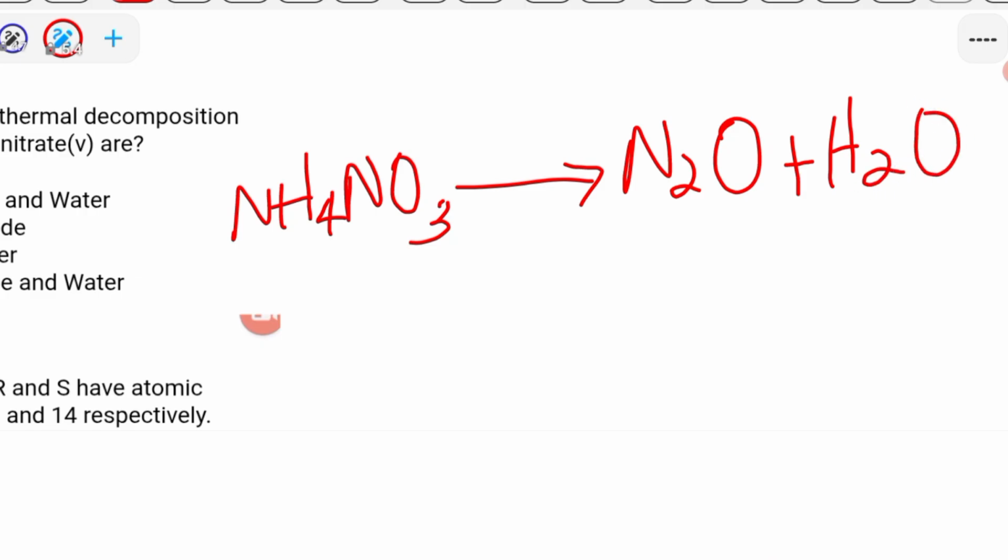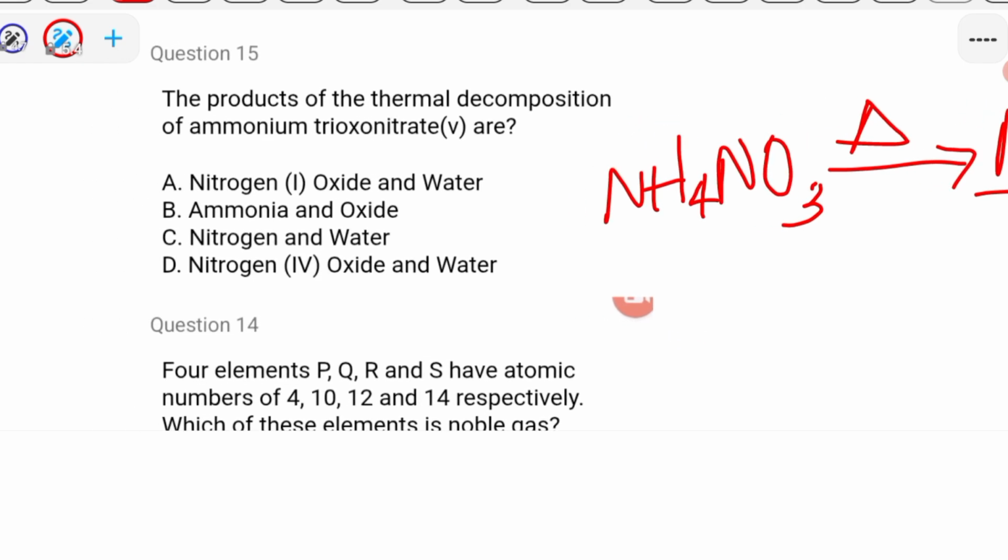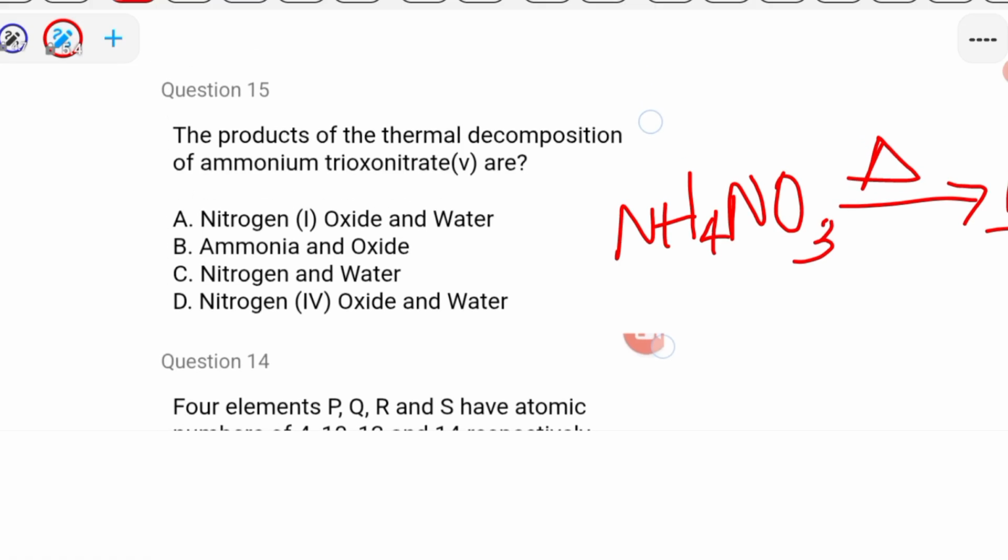So this is the product of the thermal decomposition of ammonium nitrate. You can put the symbol here to show that it is being heated. This gas here is laughing gas, or you can call it nitrous oxide, or dinitrogen(I) oxide. Then the other product is water. So you can see it here, nitrogen(I) oxide and water. So the answer is option A.